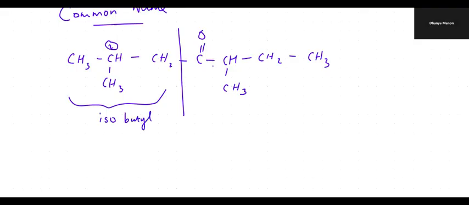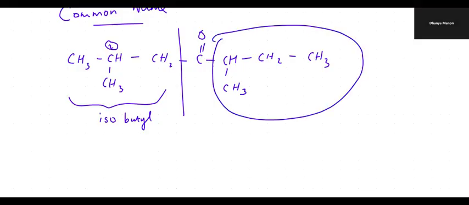Now if we see this side, the carbon that is connected to the functional group or the main chain is surrounded by 2 carbon atoms. So it is given secondary butyl.